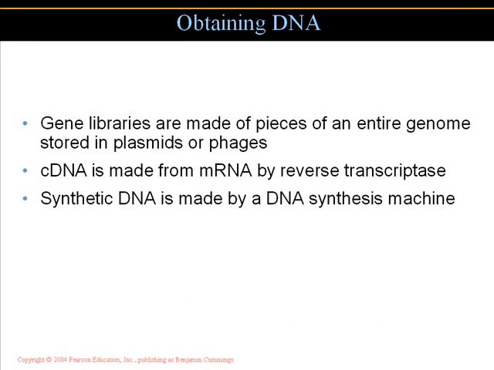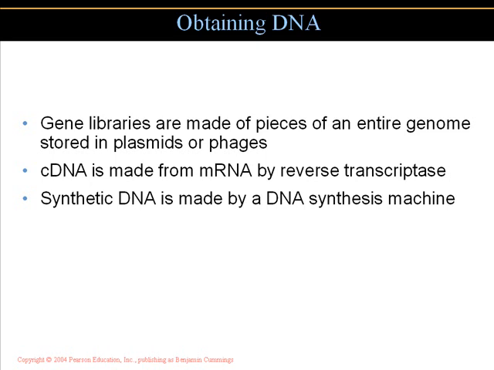And then obtaining DNA. So where do you get the DNA from that you want to do this on? Well, there are gene libraries that are made of pieces of an entire genome stored in plasmids or phages. DNA is also made from messenger RNA utilizing a specific enzyme called reverse transcriptase.